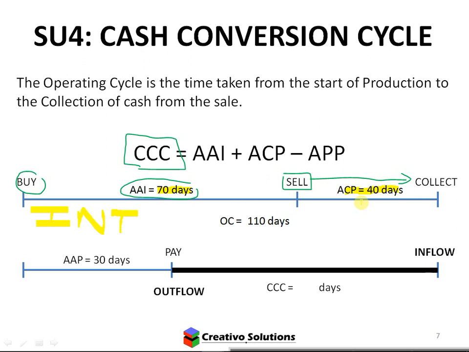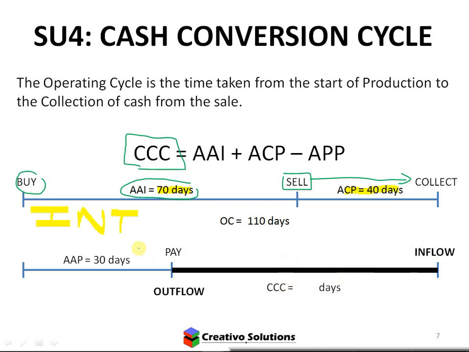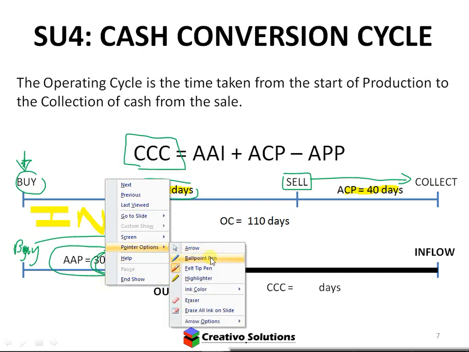Cash conversion cycle. We're converting cash into other things and back into cash. And then later, we pay. How long does it take us to pay when buying the stock? Remember, if I buy the stock, I need to pay it off. So if I buy here, when must I pay? I need to pay after 30 days. That's the credit policy you have with the supplier.